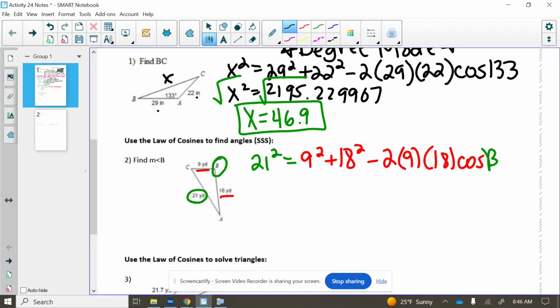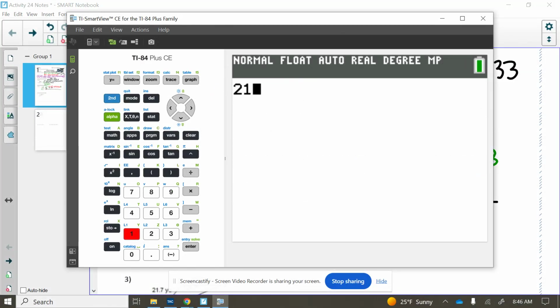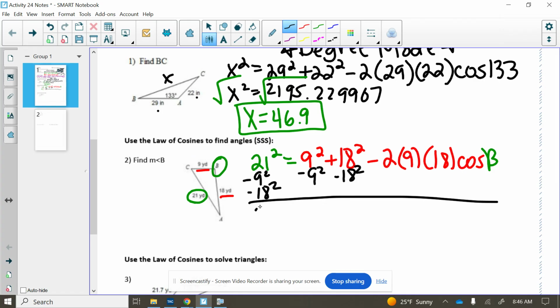So first things first, to get angle B as close to by itself as possible, we're going to start by subtracting over these squared pieces. So minus 9 squared minus 18 squared. So we're going to take 21 squared minus 9 squared minus 18 squared, and we get 36.